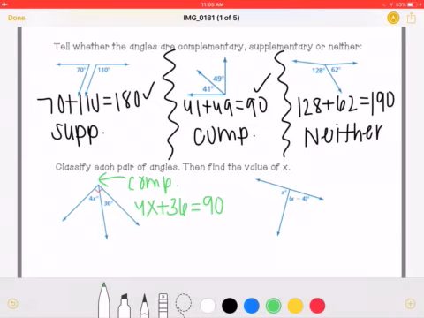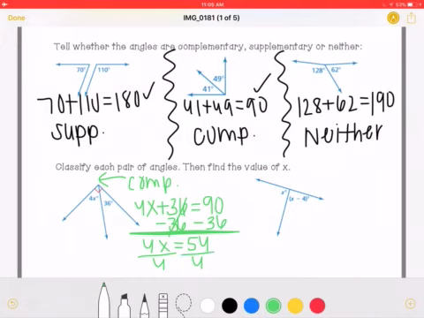So I'm setting up that equation. And now I'm going to solve for X. When I divide 54 by 4, I get X to equal 13 and a half.